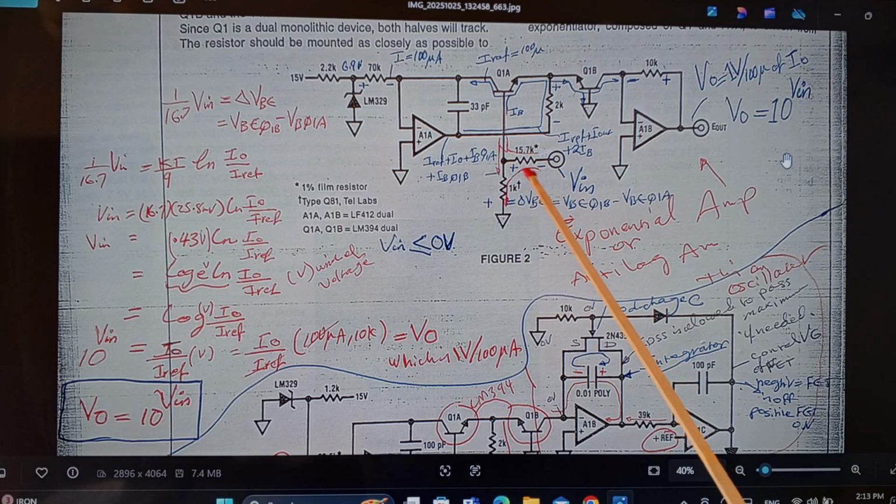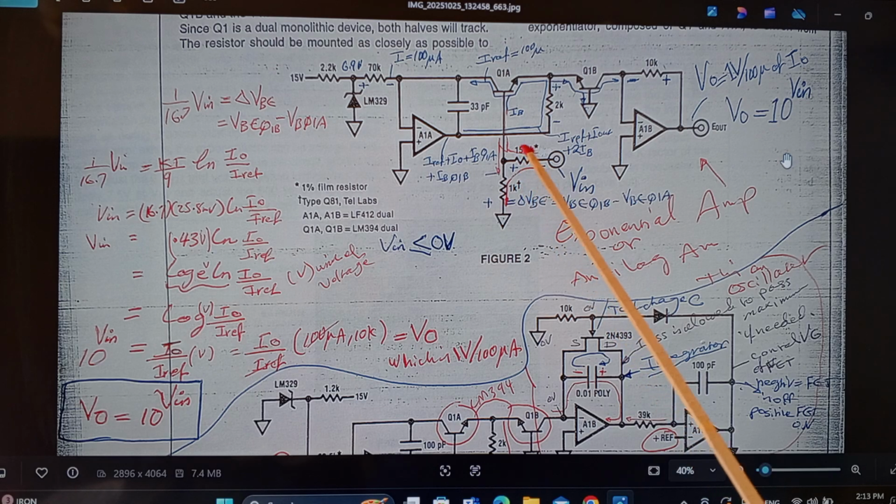So in this case, since you want to find 10 to the power Vn, those resistors are reversed, and you've got your 15.7K in here, and you get your 1K in there. And that has to do with the number 10, log of 10 or 10 to the power of whatever.